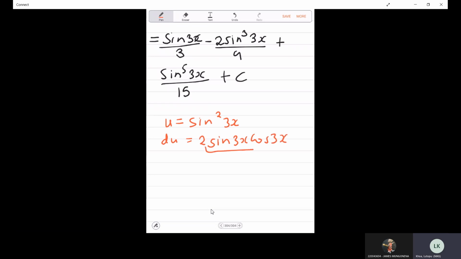So we have the sine 3x cos 3x, and then you substitute it the way we always do.